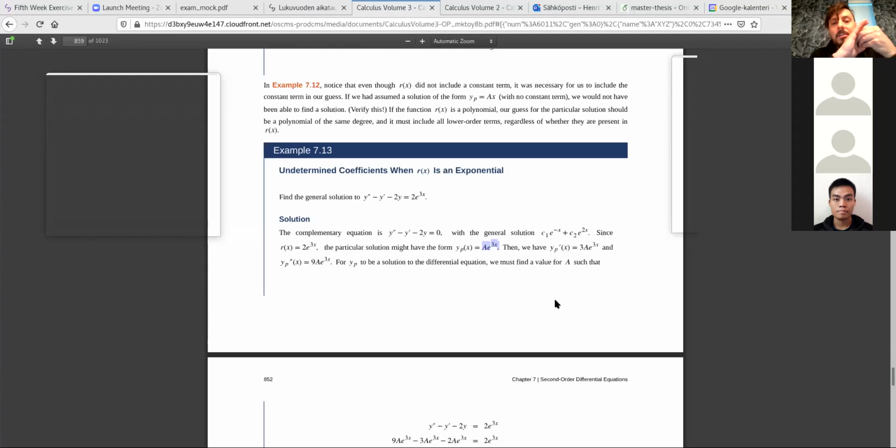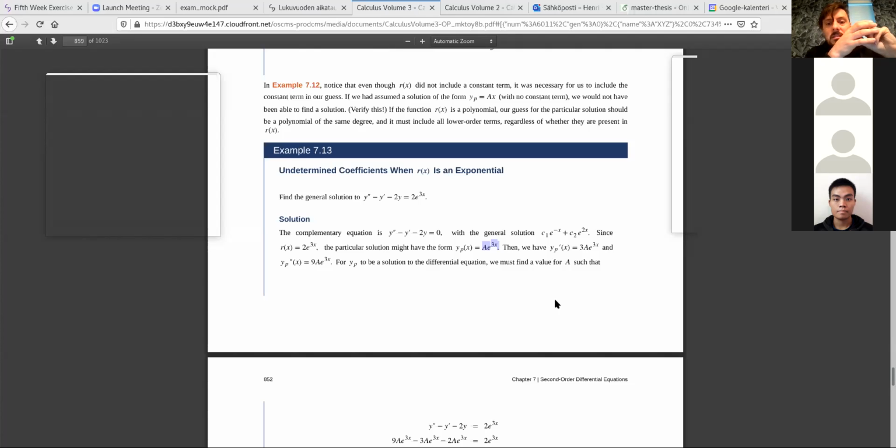Why? If we take the derivative of e to the 3x, it is 3 times e to the 3x. So if we have something times e to the 3x, then its derivative is something else times e to the 3x, and its second derivative is also something else times e to the 3x.